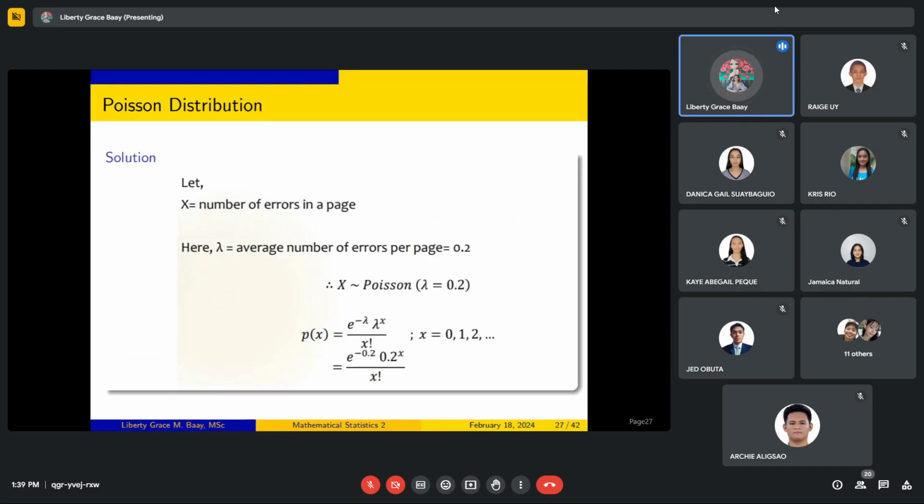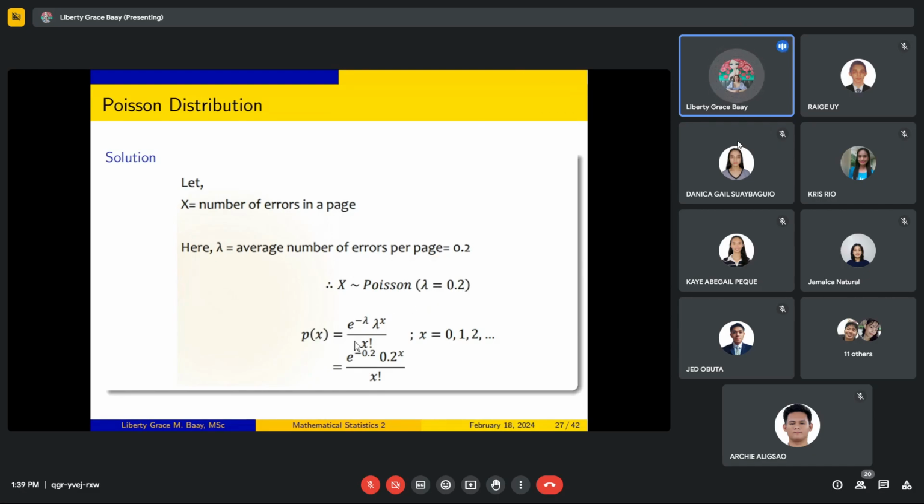Okay, so let x be equal to the number of errors in a page. Then here, lambda is just equal to the average number of errors per page. Given in the problem, the average number of errors is 0.2. So our random variable x is Poisson distributed with mean equal to 0.2.